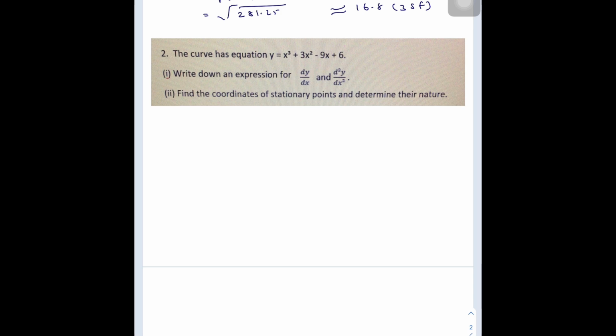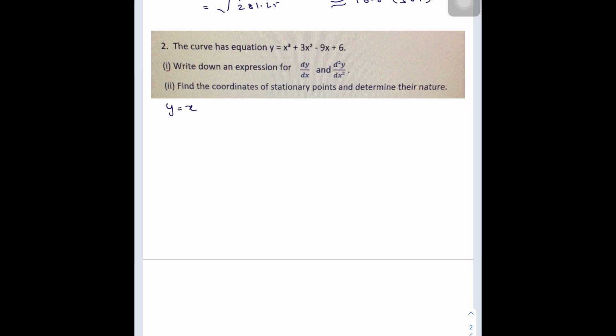Number 2. A curve has equation y is x cubed plus 3x squared minus 9x plus 6. Write down the expression for dy over dx and d squared y over dx squared. Find the coordinates of the stationary points and determine their nature. Alright, so I'm writing dy over dx.